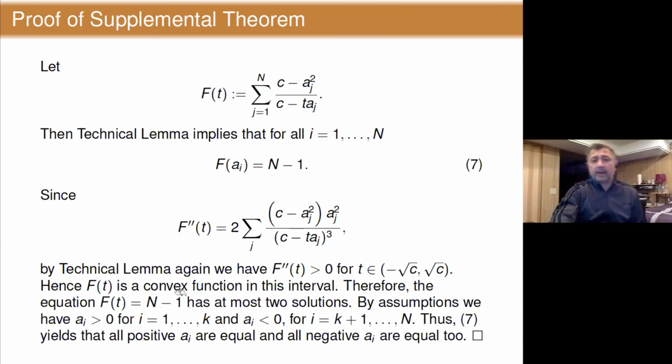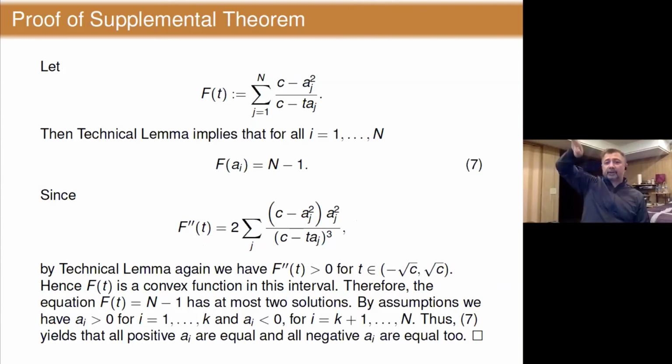And by the technical lemma again, we see that this function is actually convex. Now imagine this function is convex, on minus square root of c to square root of c, and it takes on the same values at all of the a_i's, okay?